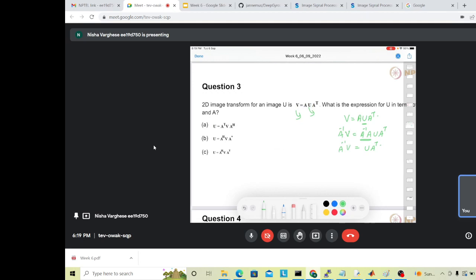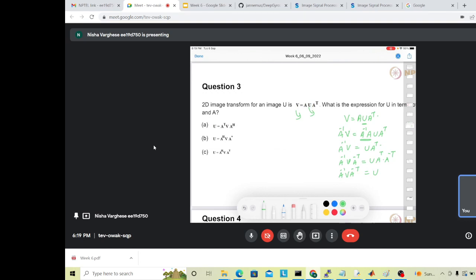Then just multiply on the right hand side by A transpose inverse. So here also A inverse transpose. Then you will get U here: A inverse V A inverse transpose.